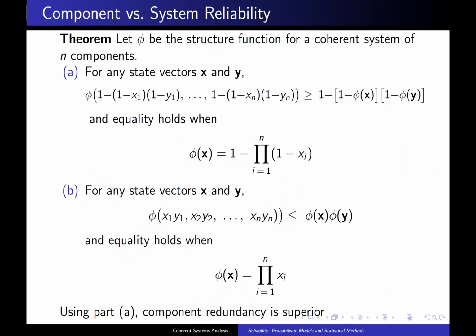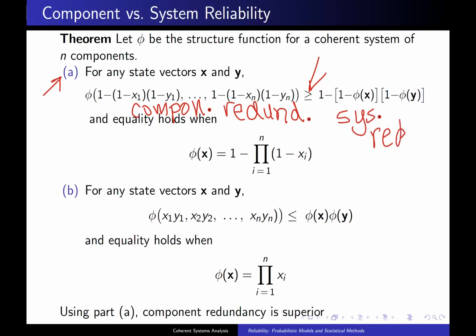So here is that result stated as a theorem. Let phi be a structure function for a coherent system of n components. And there are two parts to this theorem. The first part says, for any state vectors x and y, this left-hand side here, which corresponds to component redundancy, is always going to be better than the right-hand side, and this right-hand side corresponds to system redundancy.